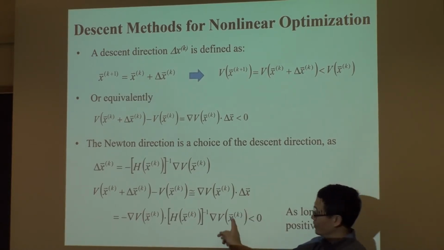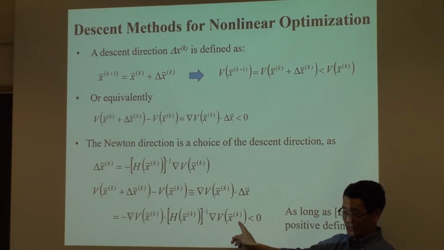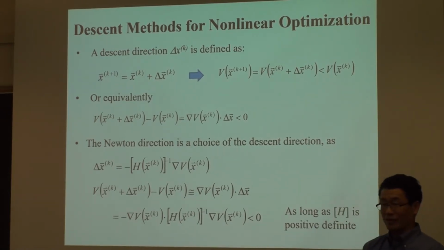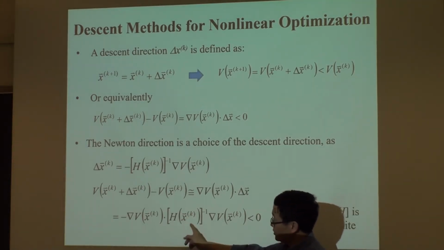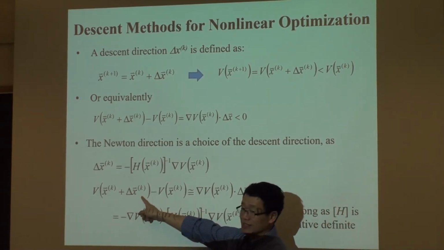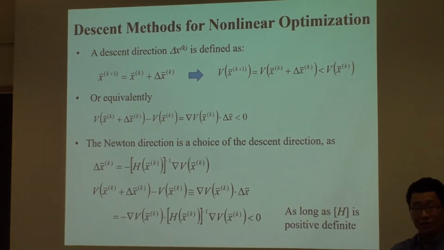The error is this term, the Hessian, the second derivative, is the error term. So if this is positive definite, this is always less than 0, which means taking this delta x always decreases your objective function.